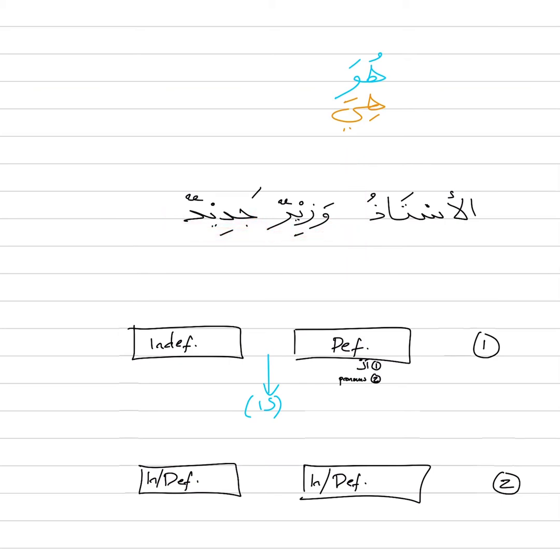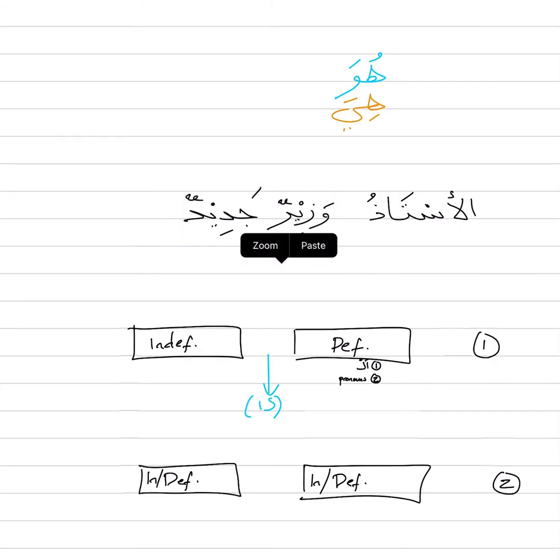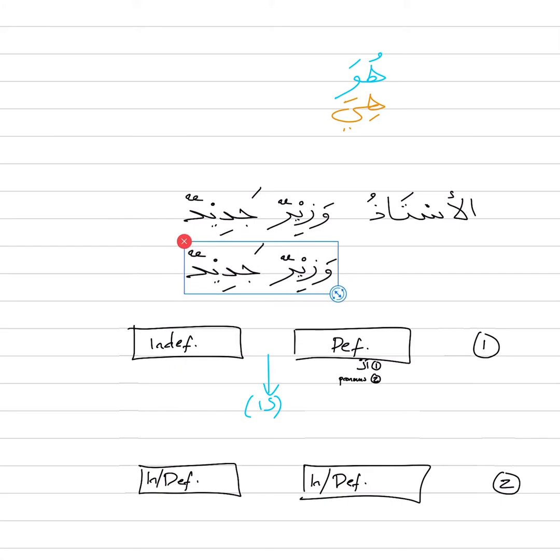So instead of saying the teacher is a new minister, how do I say the teacher is the new minister? So first of all, I take this adjectival phrase and I make it definite for the, right? So al-wazirun becomes al-waziru.